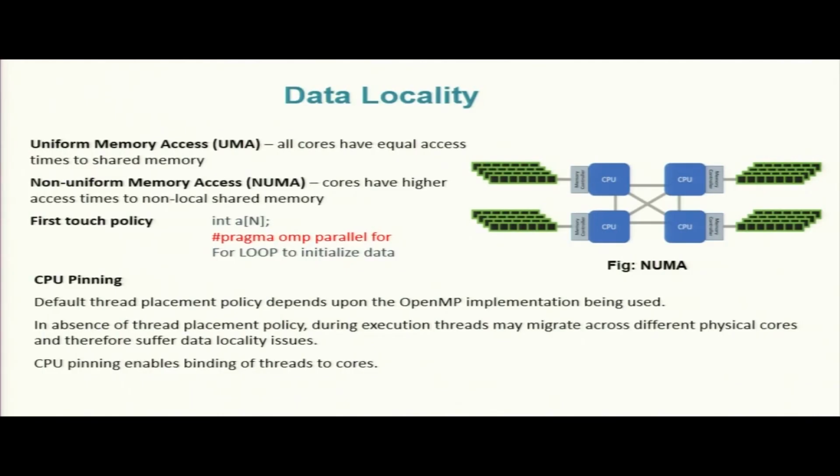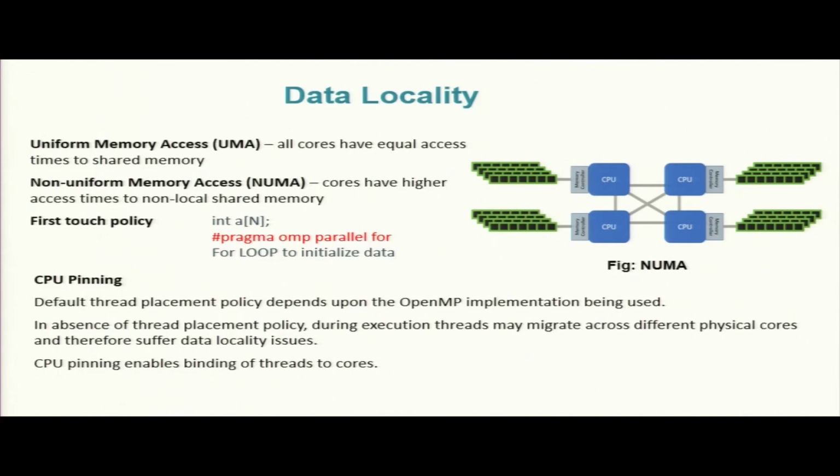The master thread, let's say it is running here, will occupy the memory address here, whatever is nearer to it, provided it is available. This happens at the OS level, because the OS is aware of NUMA, which is non-uniform memory access, and so by default it enables the master thread, or the process running here, to have the nearer memory assigned to it.